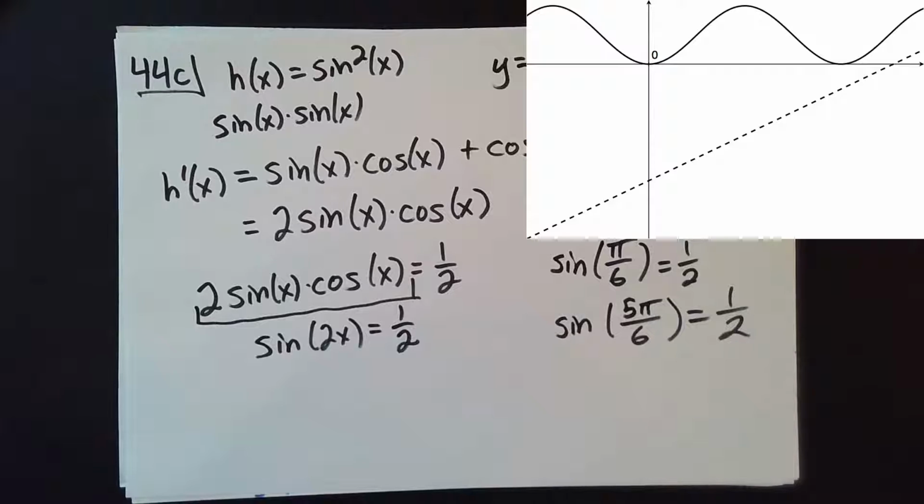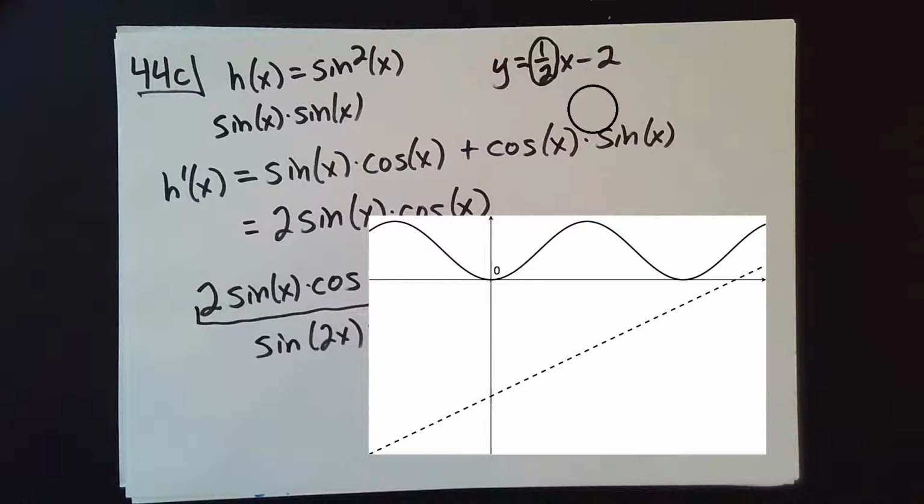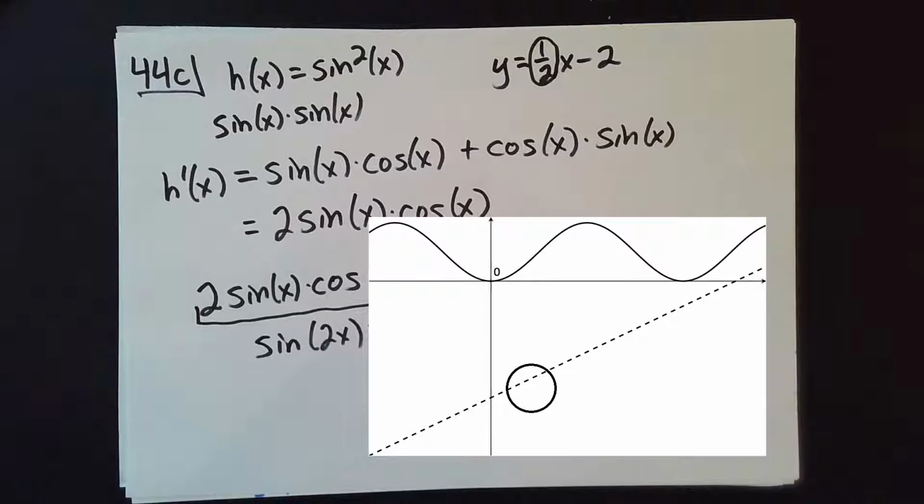Sorry about that. That took me a moment. But let me go ahead and show you the points that I was talking about. I'm looking for points on this graph where the tangent line is parallel to this given line.